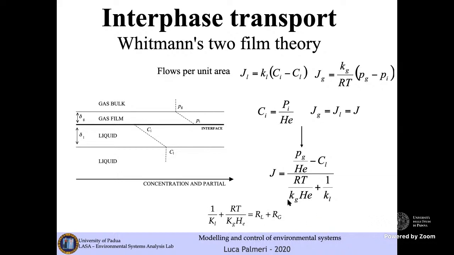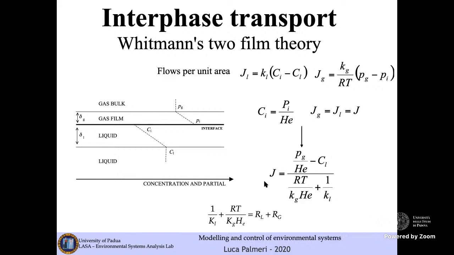You may recall from your physics classes Ohm's law, which states that the current or the flow is equal to the potential difference times a resistance. In this case, we may consider what appears here at the denominator as a resistance.